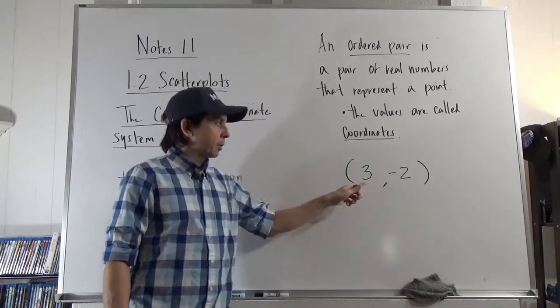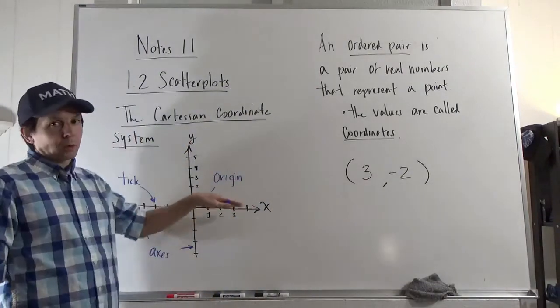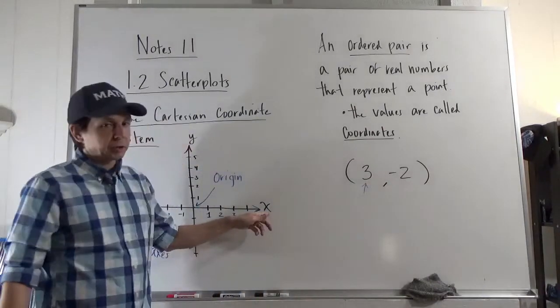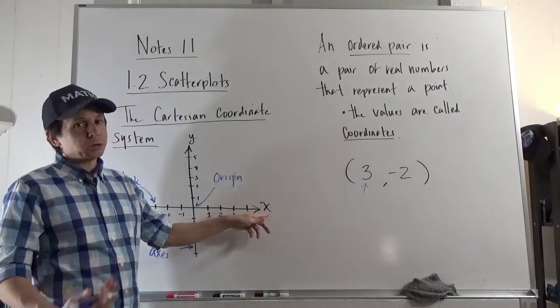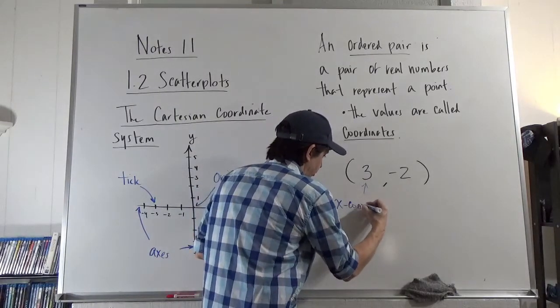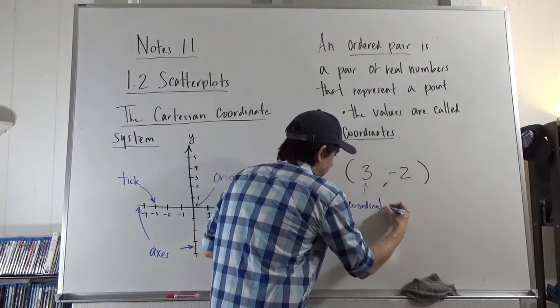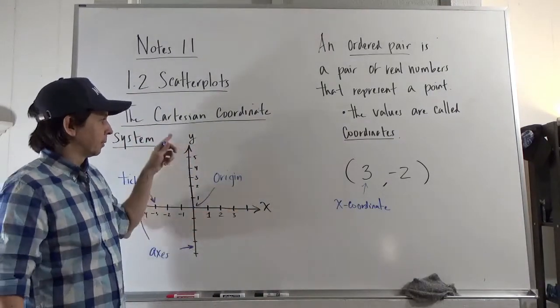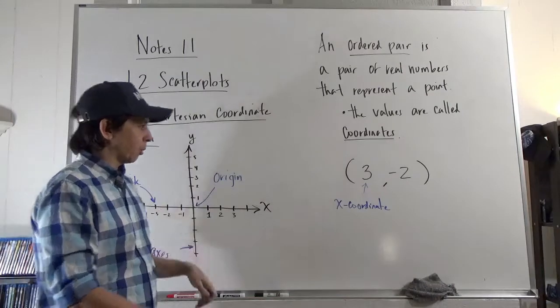The first number is the horizontal or x coordinate. Again, if it's labeled differently than x, if it's t, it'll be called the t-coordinate. But for now, again, let's stick with x and y. So your first number is the x-coordinate. The second number, the -2, is going to be your y-coordinate.